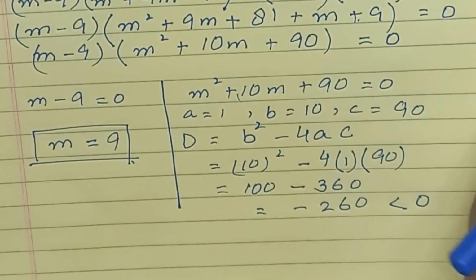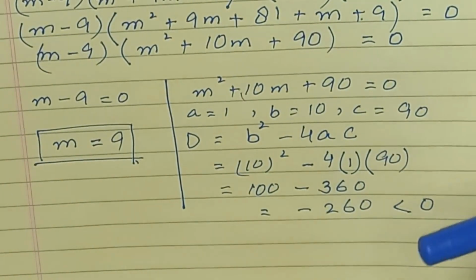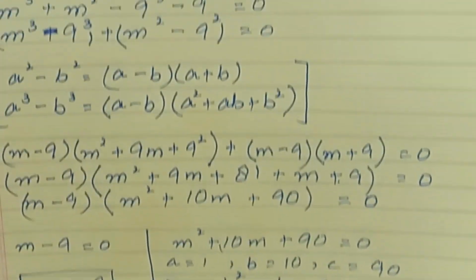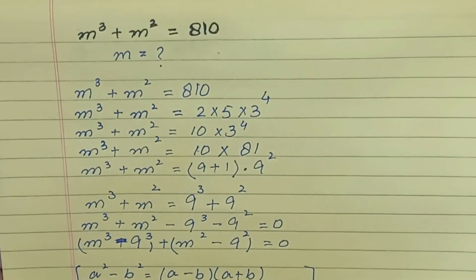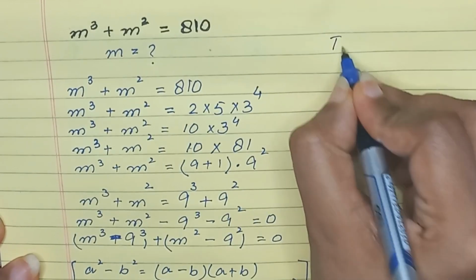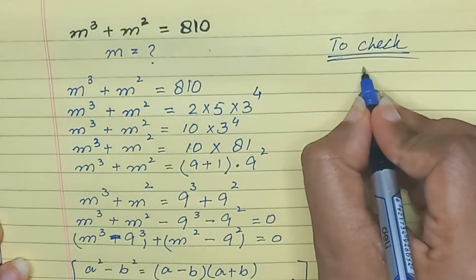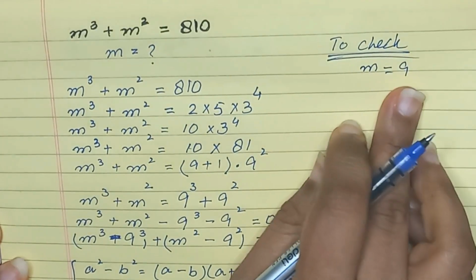Now we will check whether the value m equal to 9 satisfies our given equation or not. To check, m is equal to 9. Now we will put the value 9 here.